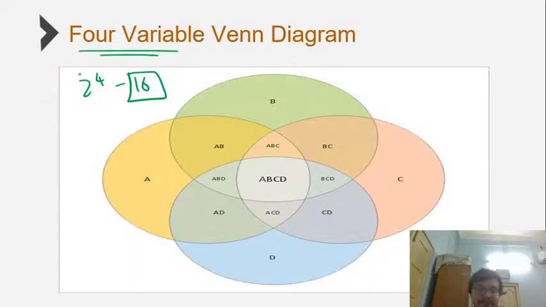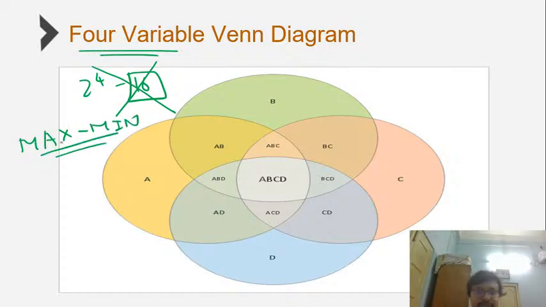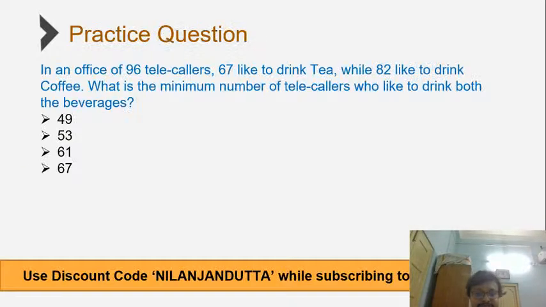Which is why in 4 variable Venn diagram sets, the best thing is to avoid drawing the Venn diagram and go via the maxima minima approach. The moment I say maxima minima approach, some might be wondering, how do I do maxima minima in case of Venn diagrams? And that is exactly what we'll be learning in today's session.